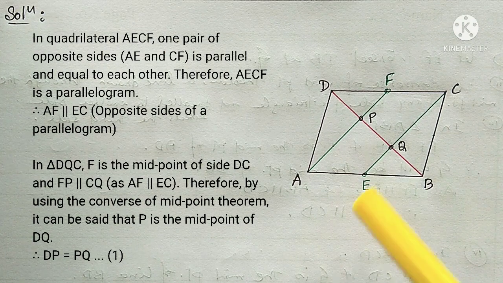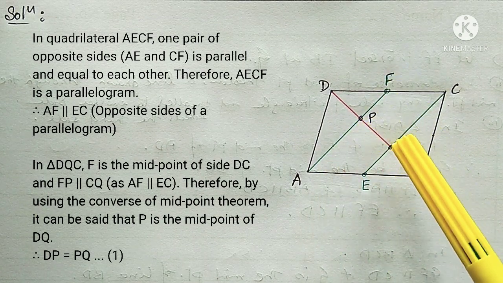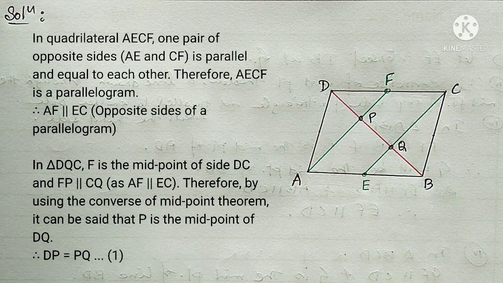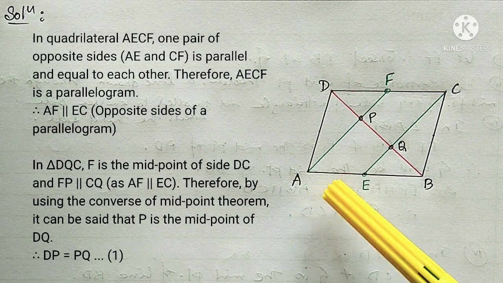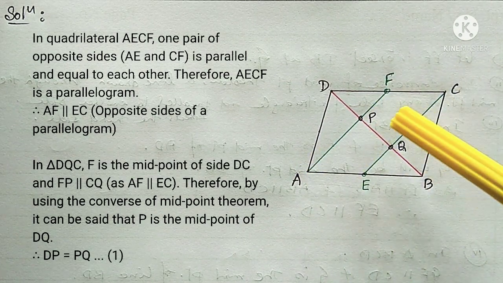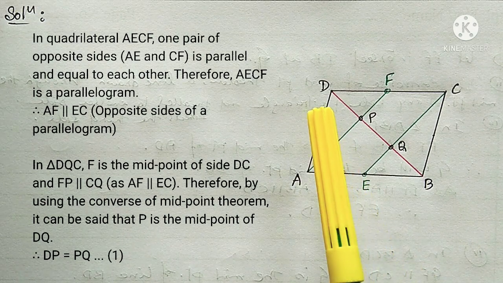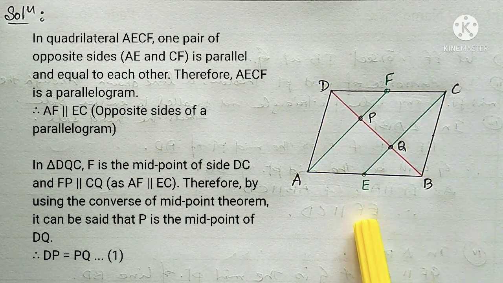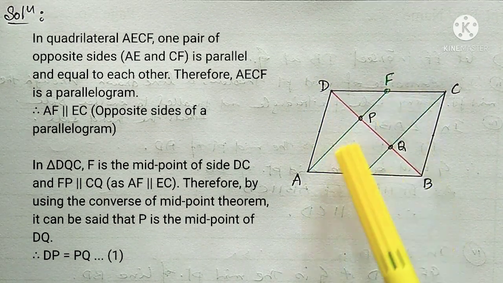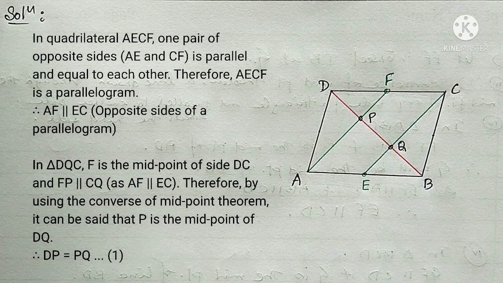And here, FP and CQ, these two are parallel. You know why? Because we already proved AF and EC are parallel. If these two lines are parallel, then this part is also parallel. So in triangle DQC, F is the midpoint and FP and CQ are parallel to each other, so what can we say?